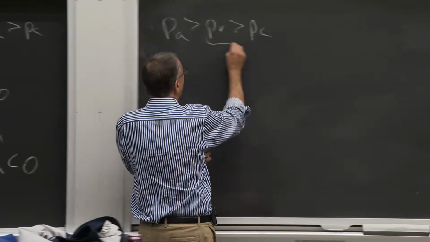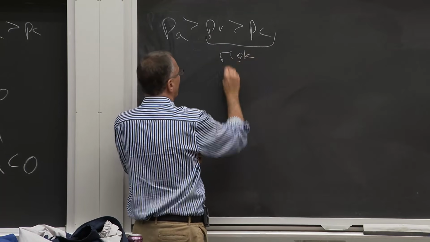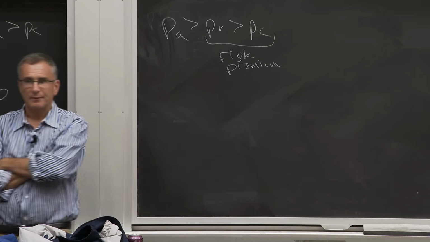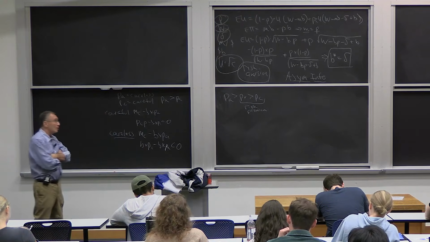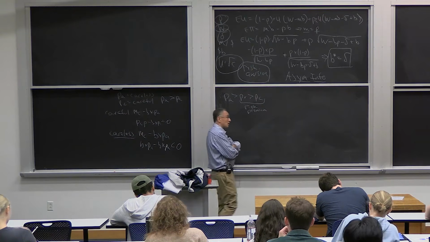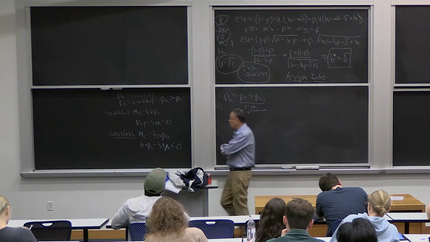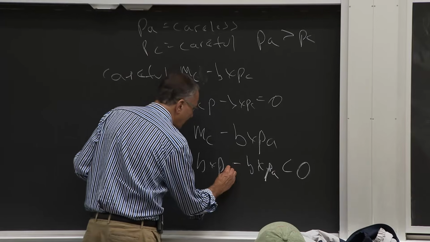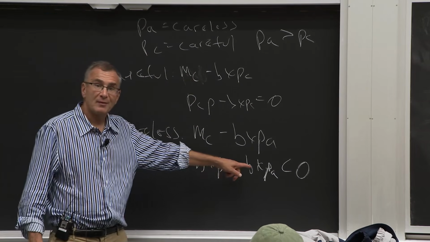Remember, whether they buy depends on something we derived in 1401 called the risk premium. Are they risk averse enough that they're willing to pay the extra amount? So in that case, if in fact the careful don't buy, then you'll see you lose money by the same math here. Replace this with PV. And since PV is still less than PA, you still lose money.